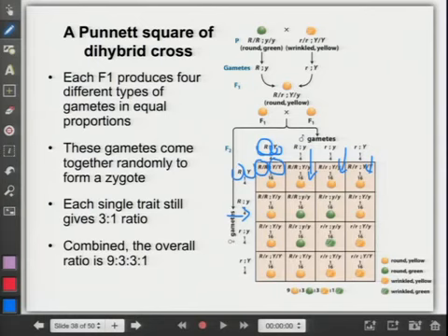A 3 to 1 phenotypic ratio, 1 to 2 to 1 genotypic ratio. It's the same thing here, except we don't worry about the genotypic ratio because there are too many of them. We care about the phenotypic ratios.